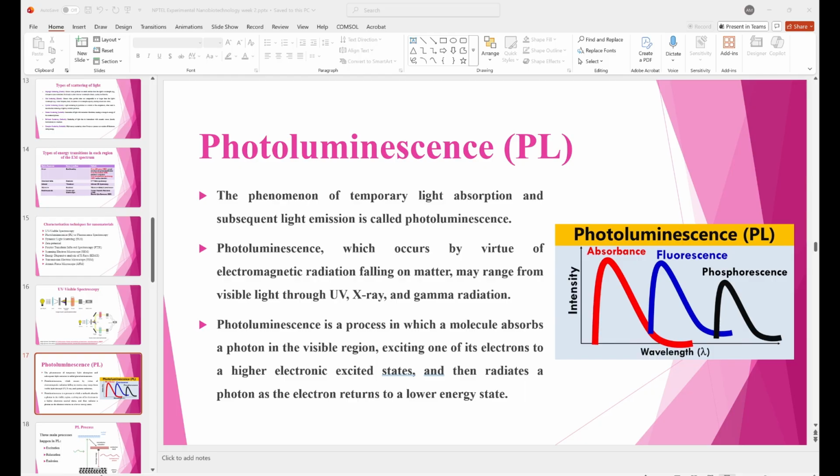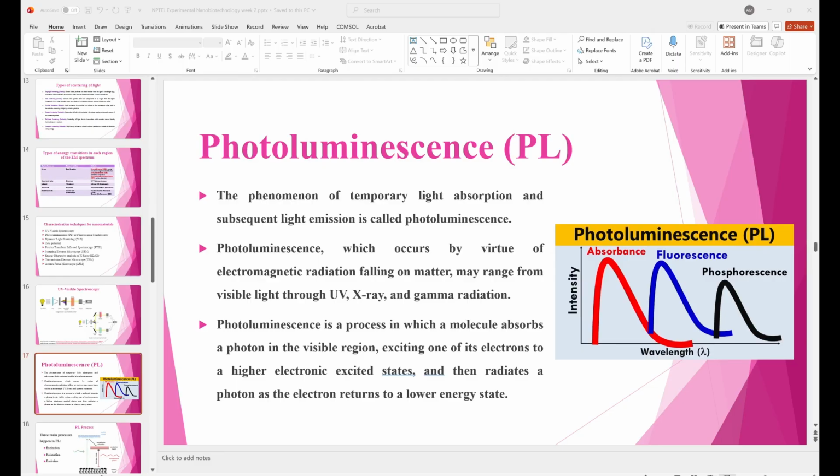So in the PL process, there are mainly three things happening. One is excitation. Here is one electron. You are providing a particular wavelength, which provides it enough energy to go up to this excited state. Then what happens is non-radiative relaxation. Non-radiative relaxation is where no wavelength is emitted.